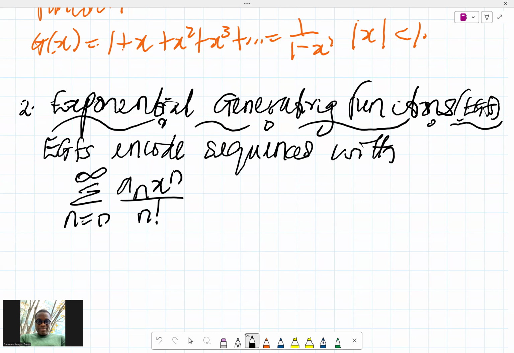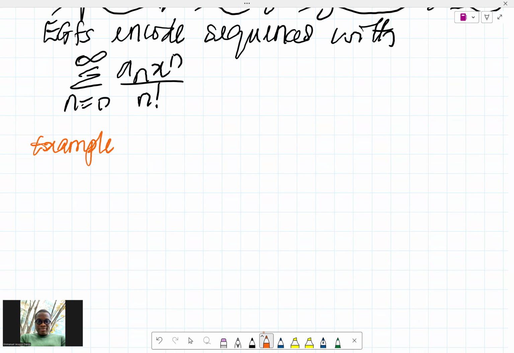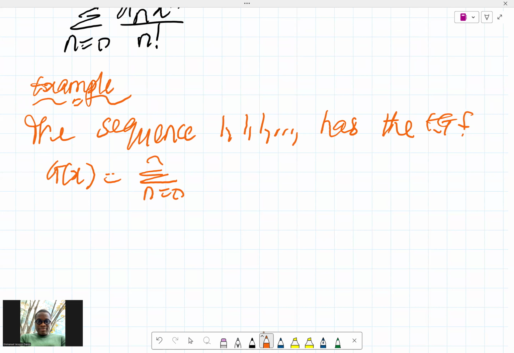In that case, you have an example like this: the sequence 1, 1, 1, and so on has the exponential generating function g(x) equals summation from n equals 0 to infinity of x raised to power n over n factorial, and that is the same thing as e raised to power x.